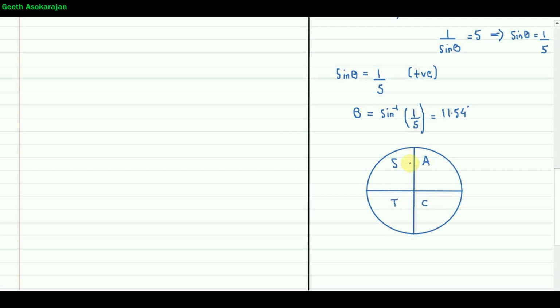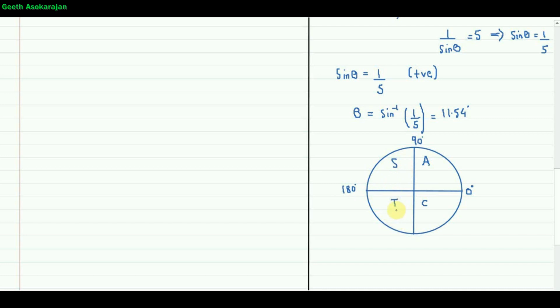Remember, when it comes to the CAST diagram, A means all, so sine, cos and tan of any angle between 0 and 90 are positive. S meaning sine, so sine is only positive for angles between 90 and 180, which is here. Cos and tan are negative in this quadrant.